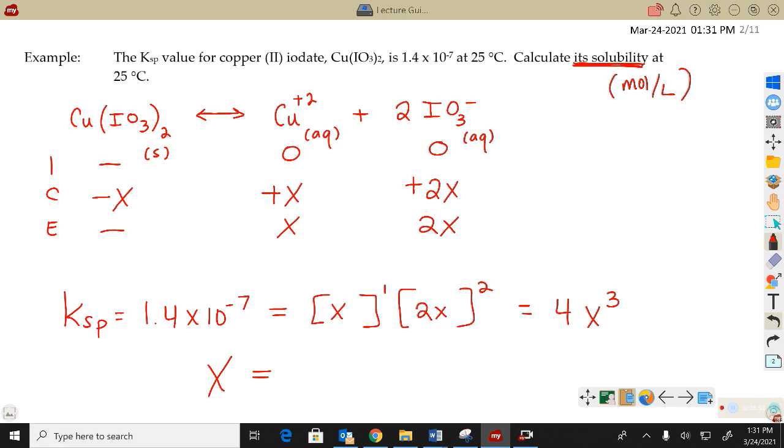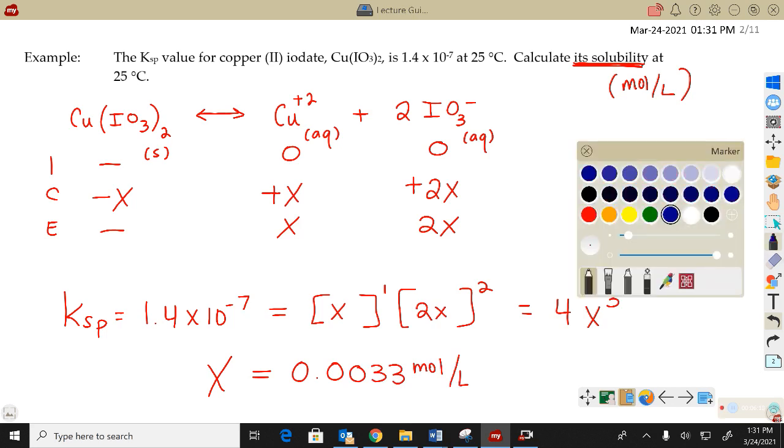When was the last time you took the cube root of anything? It's kind of fun, right? All right, so I am getting about 0.0033 moles per liter. And then we're done. That's the answer. That is the solubility.